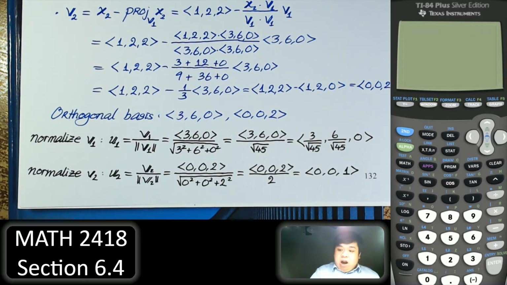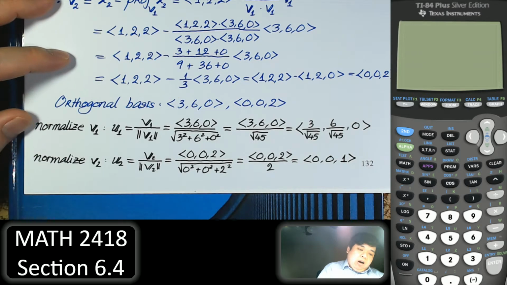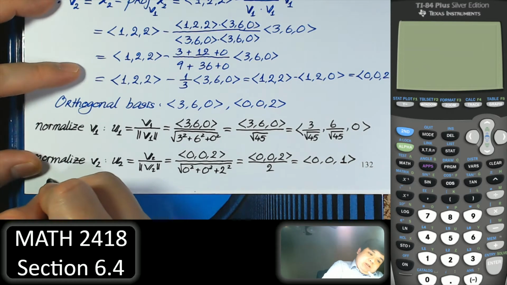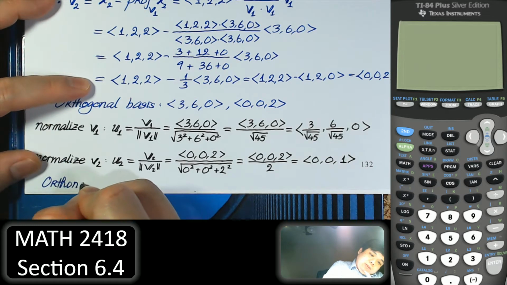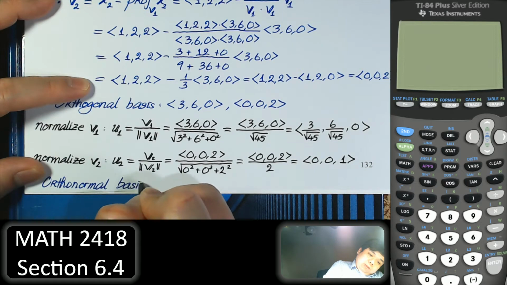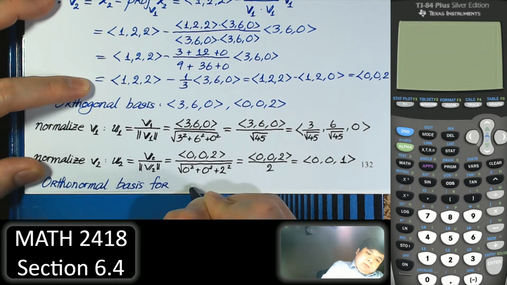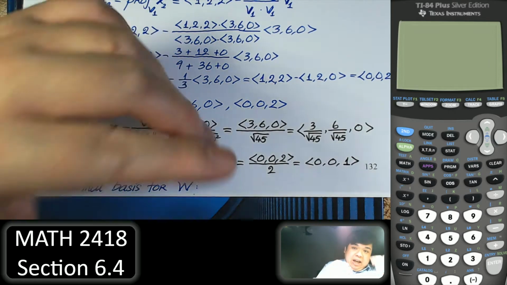And so when we combine these two together, the orthonormal basis for W is as follows. I ran out of space, so I cannot write it as a column vector.